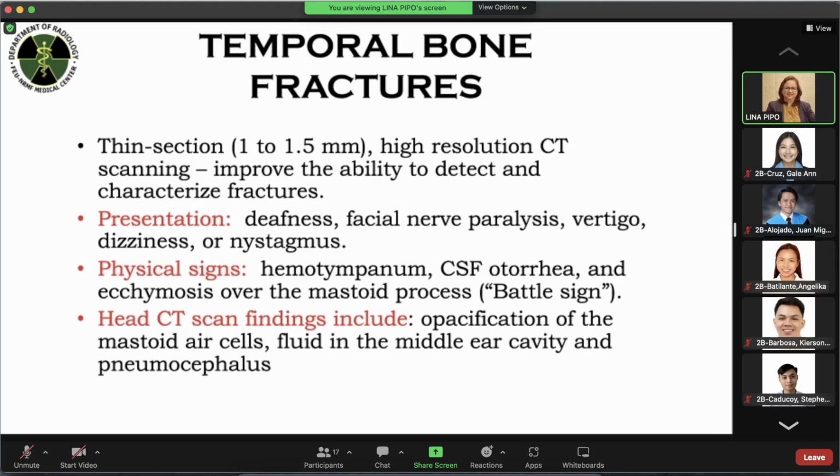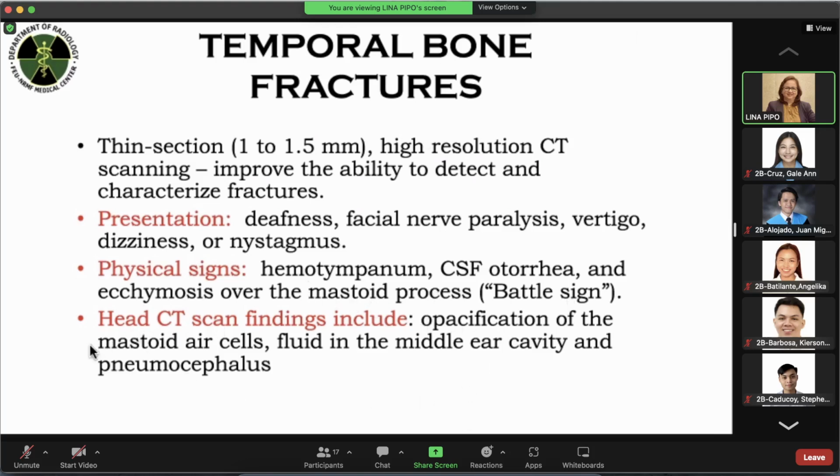And the physical signs will be hemotympanum, CSF otorrhea, ecchymosis over the mastoid process, or what we call the Battle sign. And in CT scan, we will see opacification of the mastoid air cells, fluid in the middle ear cavity, and pneumocephalus. Okay, so these are your CT findings in cases of temporal bone fracture.